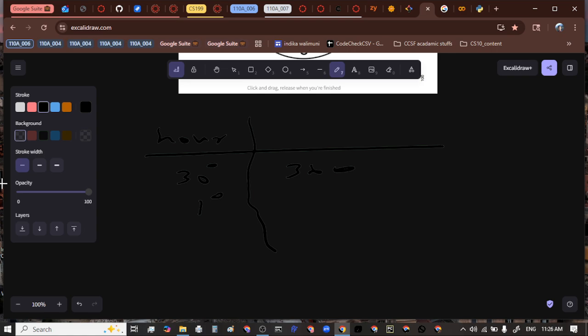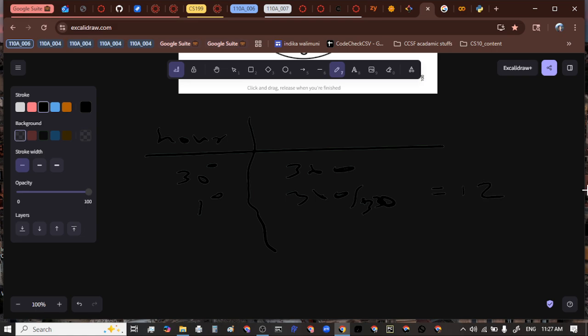If it moves 1 degree, then it's 360 divided by 30, which is 12.